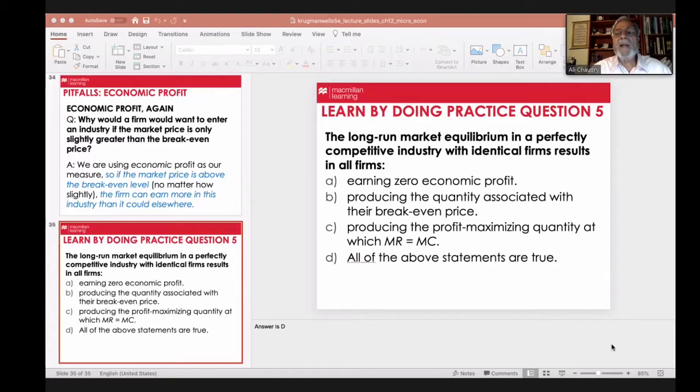And later on, after this class, I'll take some time to send you a spreadsheet with some examples of how you can show your work in the answer that you provide. That will help me understand.